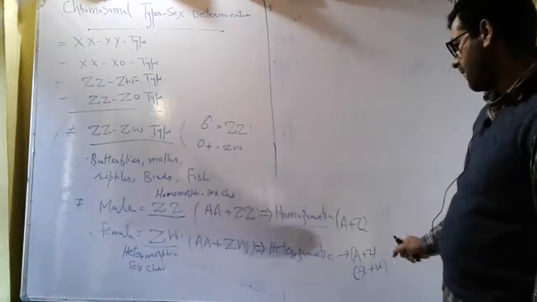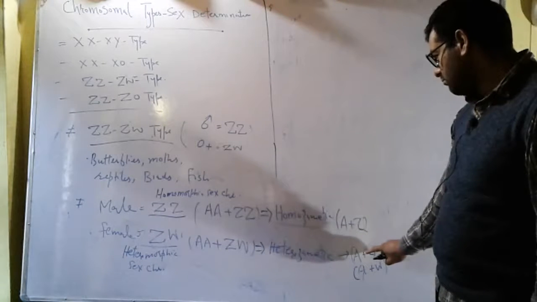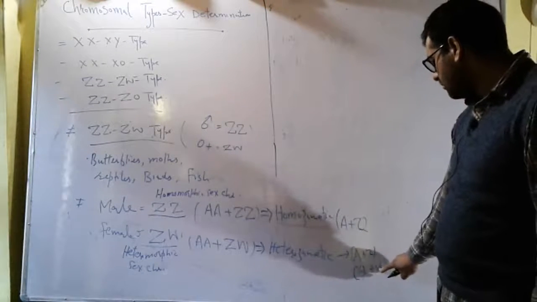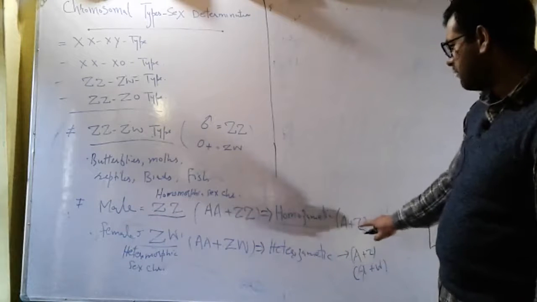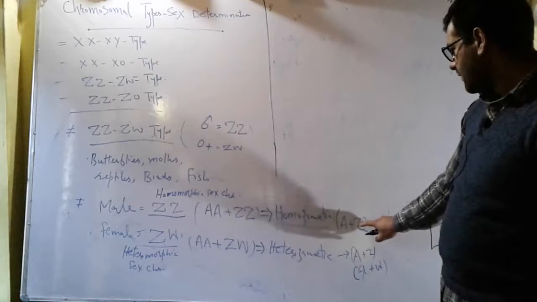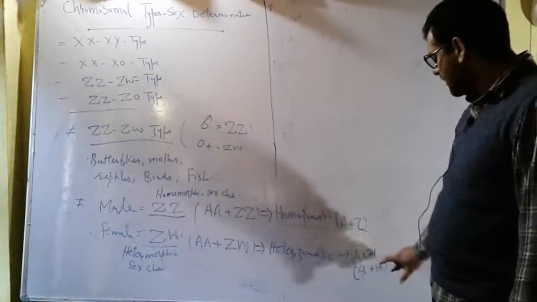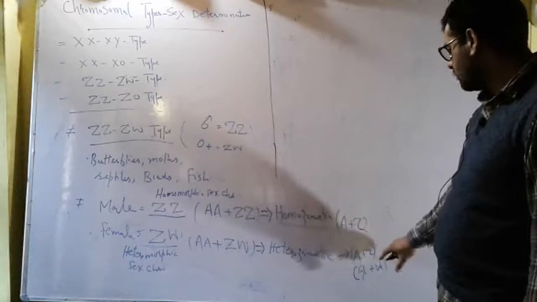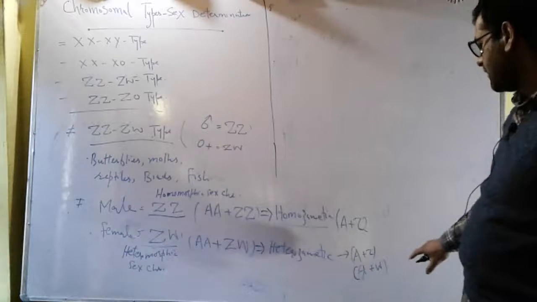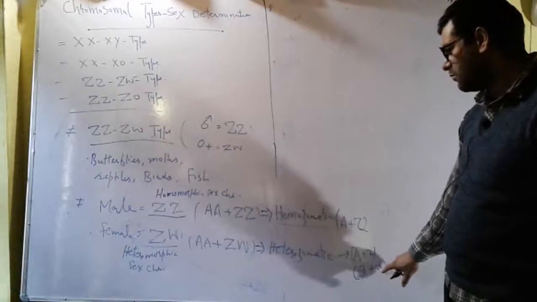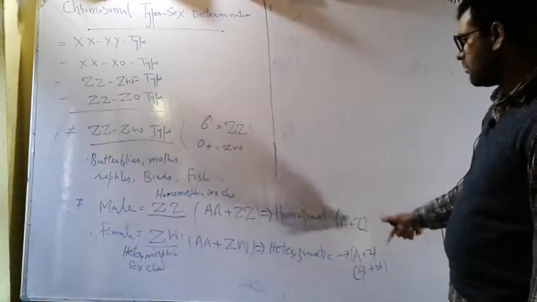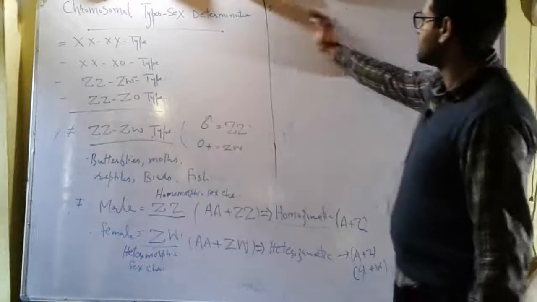And if the egg cell is having the W sex chromosome and it fuses with the sperm cell having Z sex chromosome, then the zygote will have ZW sex chromosomes. That ZW zygote will develop into a female.